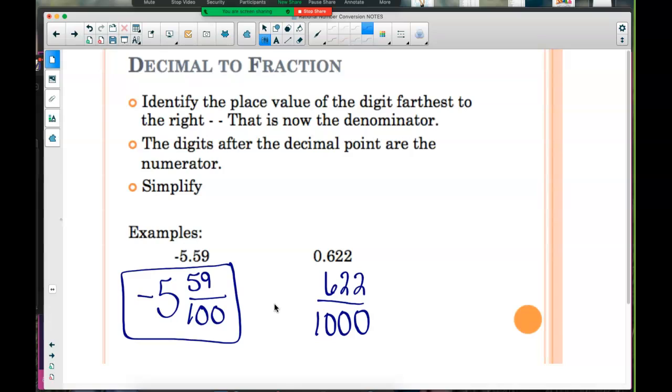And then I'd simplify it. Can I divide those numbers by 2? Absolutely, I could divide both of these by 2. 622 divided by 2 is 311. 1,000 divided by 2 is 500.